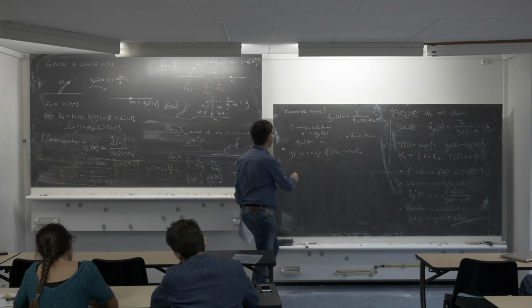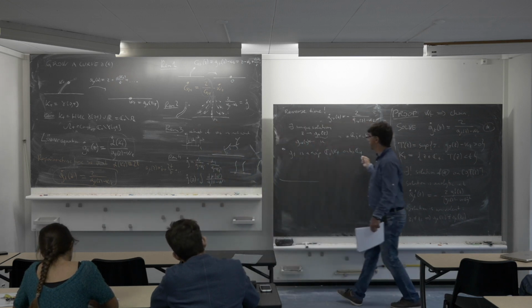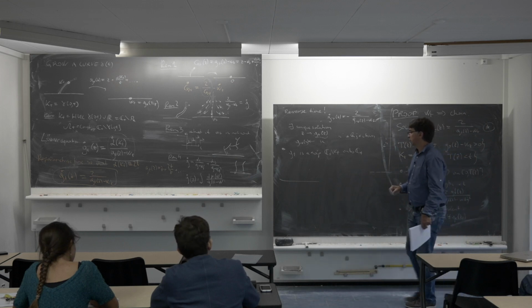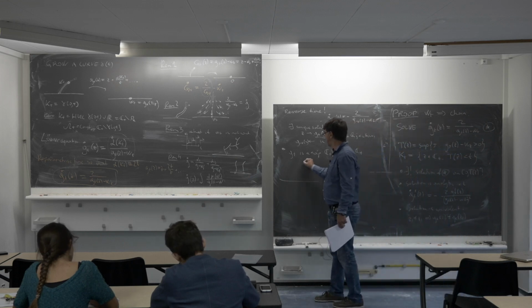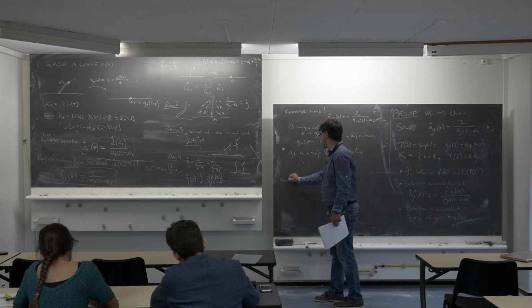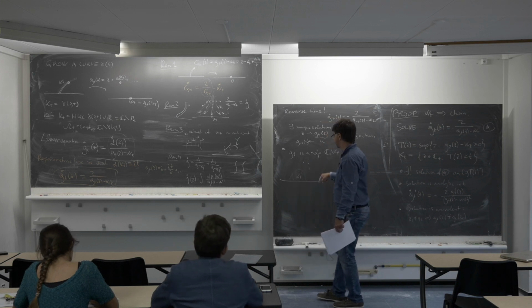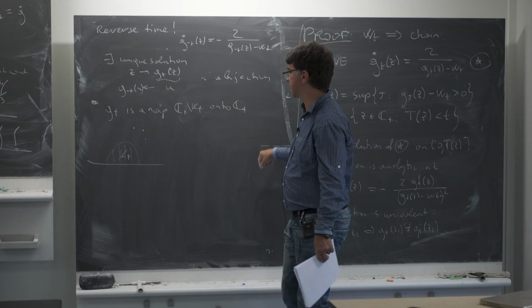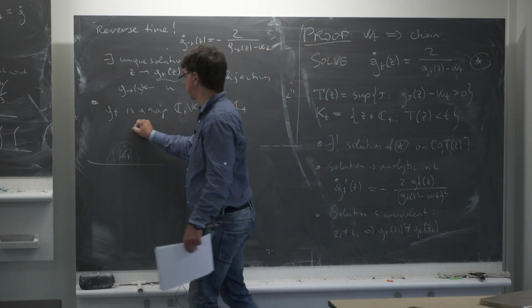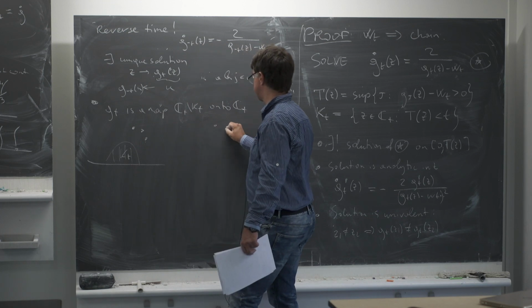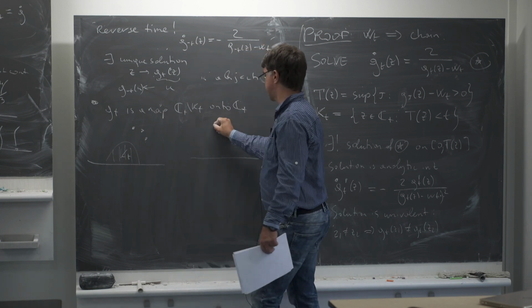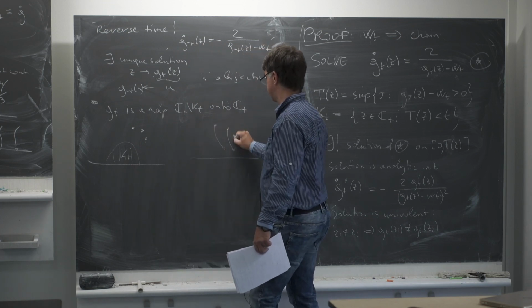So how do we do it? To prove that it's a univalent map, we need to show that for all the points outside K_t, we can trace their trajectories. So if I take, for example, these 3 points, I can trace their trajectories till time t.